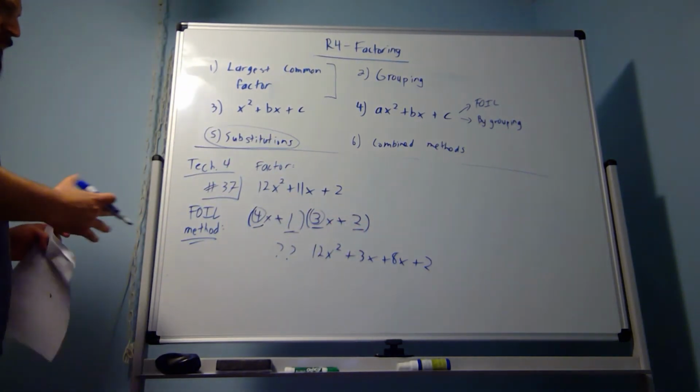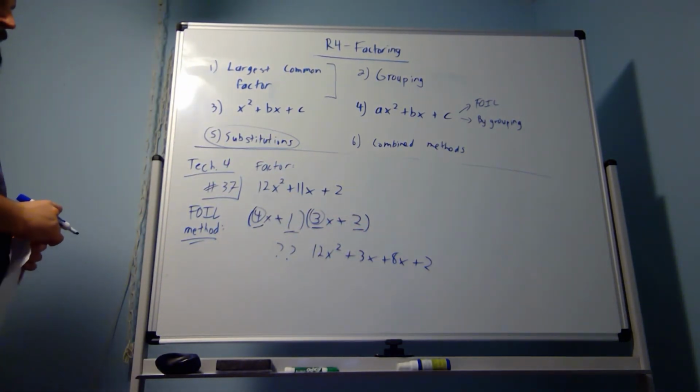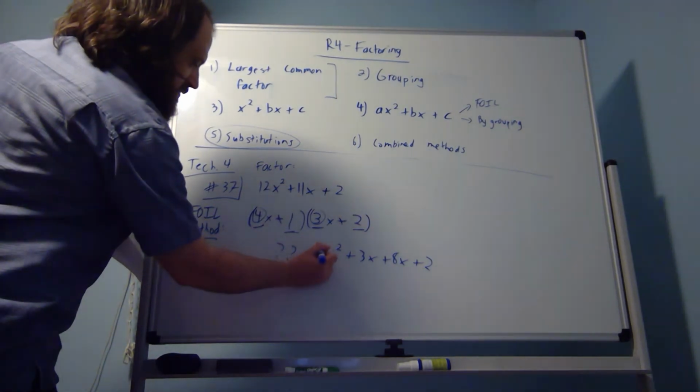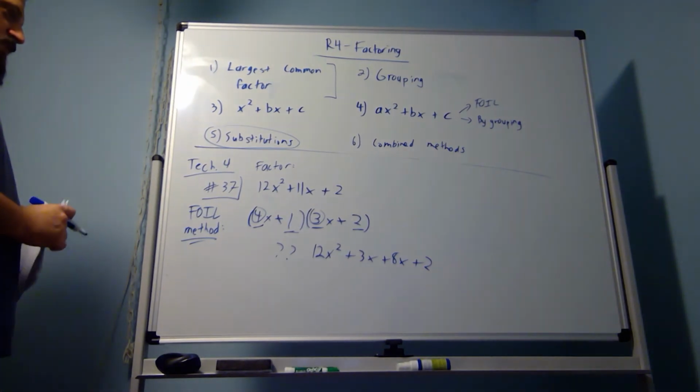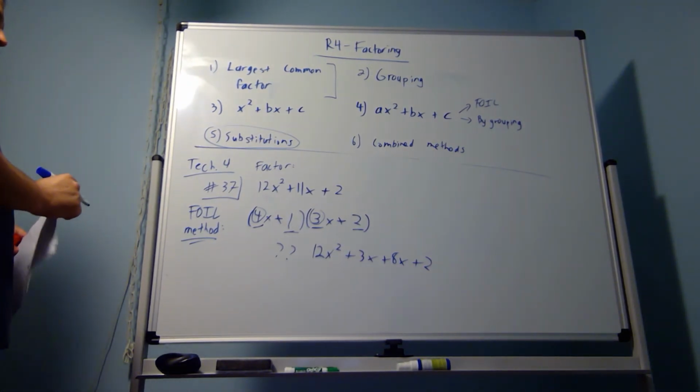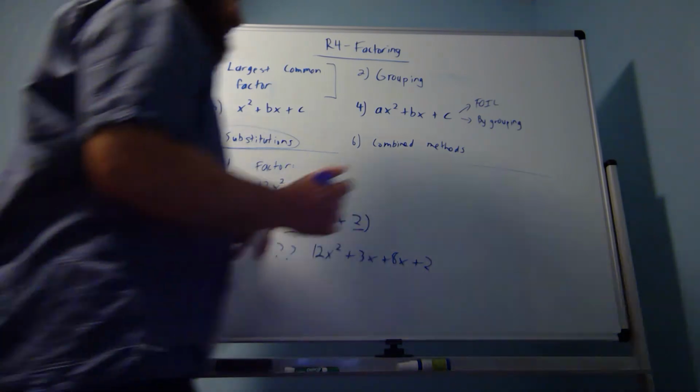So this is kind of borderline. Maybe I wish I had a method instead of having to just write down the FOIL thing, like trial and error, like 5 different approaches here.